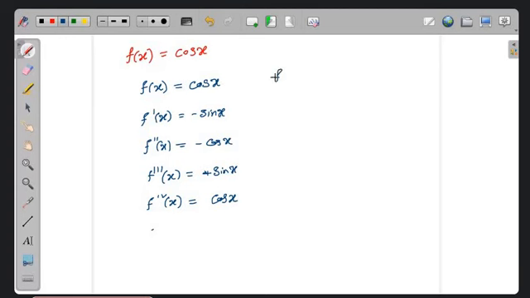Now from this you do one thing, you find f of 0. What is f of 0? f of 0 is cos 0, and that equals 1. And what is f dash of 0? f dash of 0 is minus sin 0, but you know sin 0 is anyway 0.